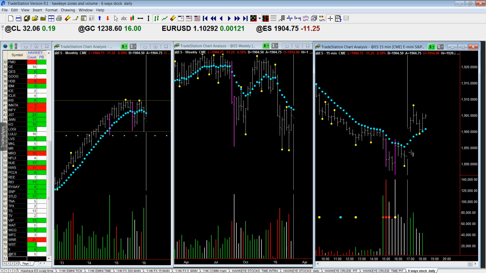But I don't want to come across as a snake oil salesman and say, you got to buy this, you got to buy that. Hawkeye volume is standalone. The zones are standalone. If you want to add to it by buying other Hawkeye indicators, so be it. But if you want to use your MACDs or your moving averages, or stochastics, they will all be enhanced by understanding what the volume is doing.